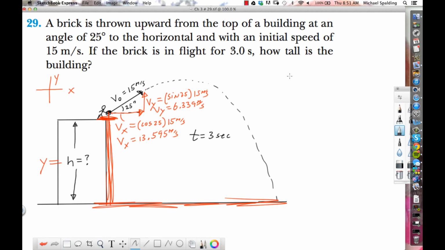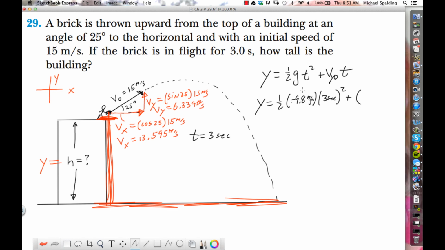Using the first motion equation, y equals 1/2 g t squared plus vy initial t. So y is 1/2, g is negative 9.8, time in the air is 3 seconds, plus vy initial. What's vy initial?